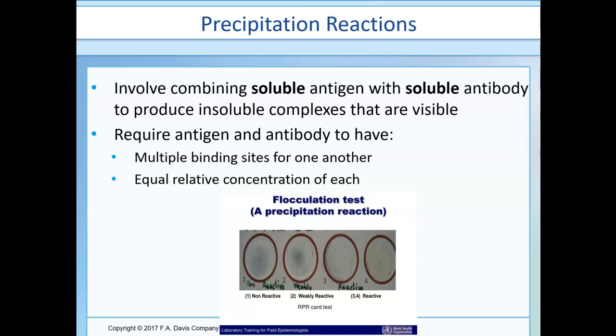So in the non-reactive first well that you see down in the bottom, this one doesn't have any agglutination or clumping, okay, or precipitation. As we move over, we've got weak. This one's difficult to see, but our reactive ones have clumping that we can actually visualize. So that's what we're looking for in a positive test. This means that the antibody combined with the antigen and created that look.